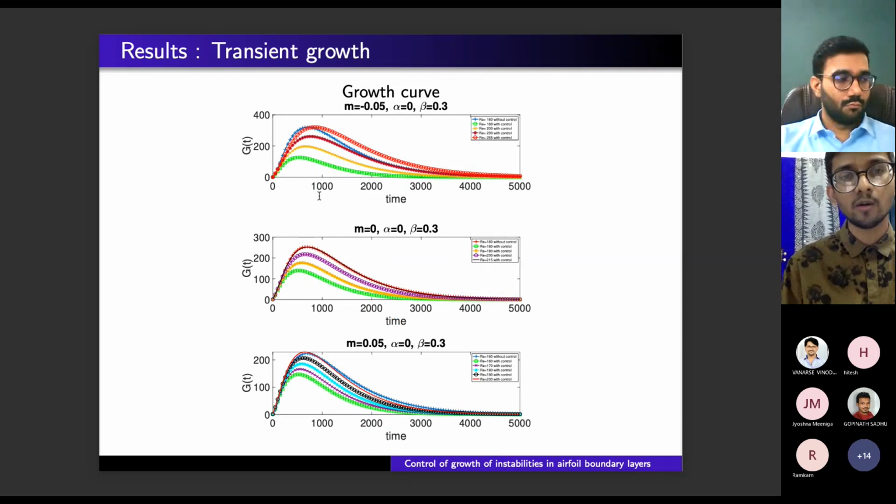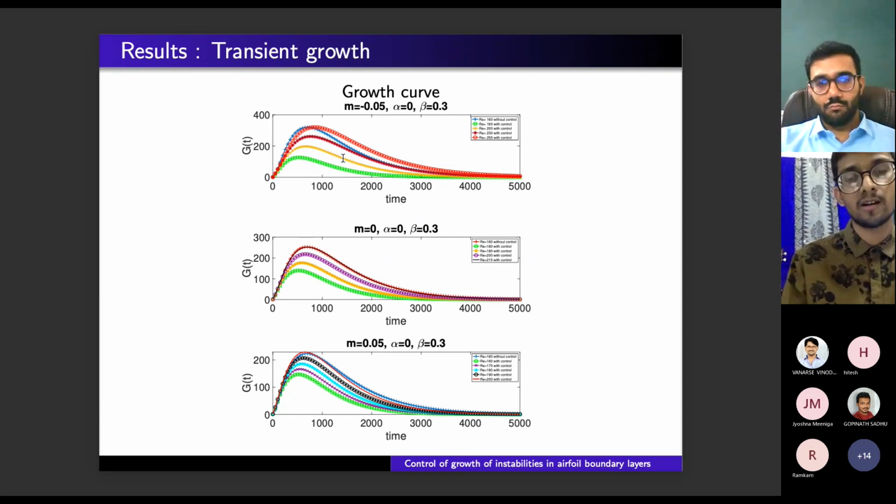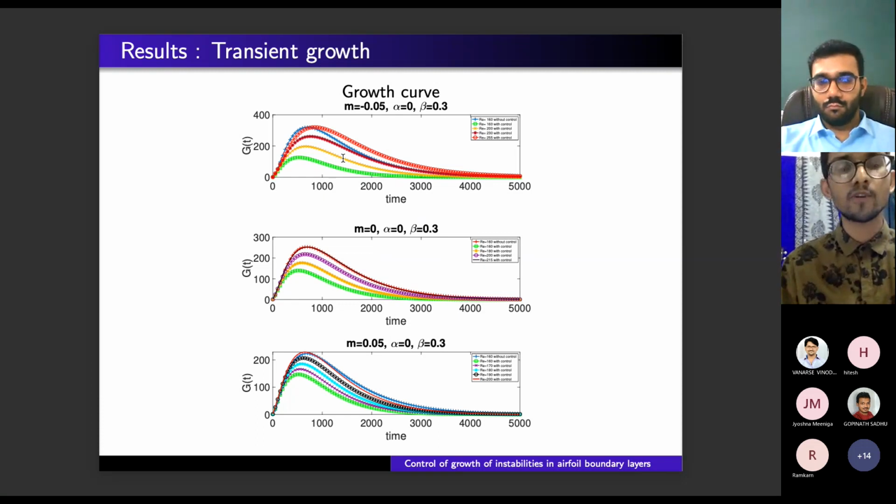So this is how we increase the Reynolds number bit by bit with control, and we see up to what Reynolds number with control matches the same growth as a lower Reynolds number without control. For different locations, again, it's going to be different.